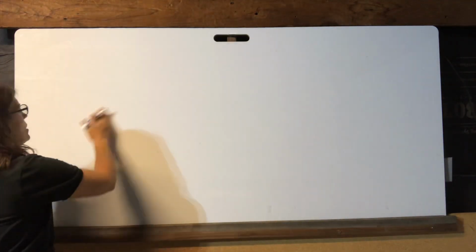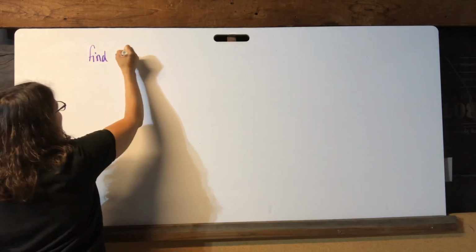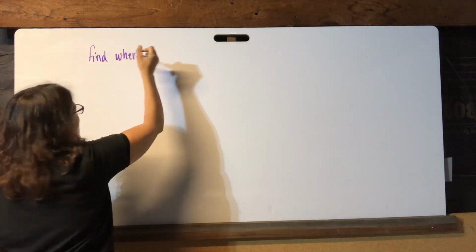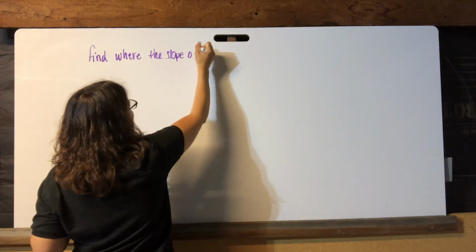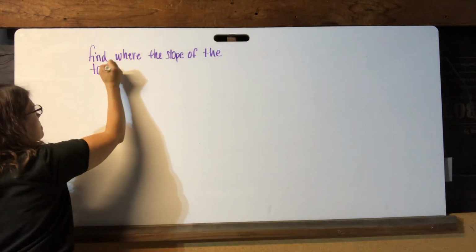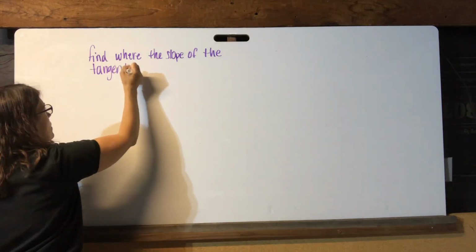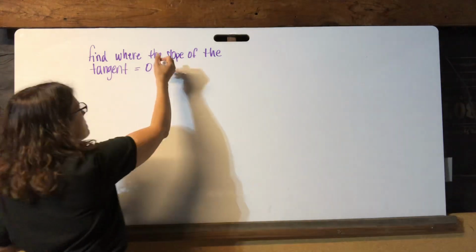Okay, so let's say you're asked to find where the slope of the tangent is 0. Horizontal.